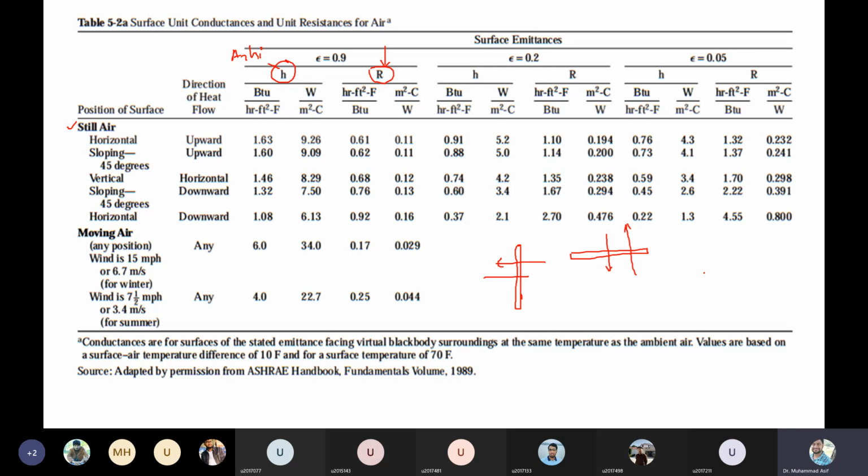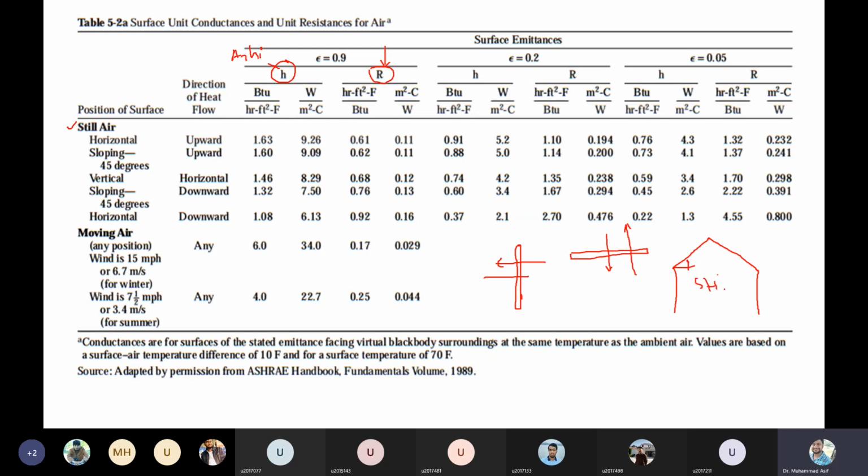Or sometimes you may come across a slope as well, because some roofs are constructed in this shape. In that case, the inside air will be calculated at a certain angle, let's say a 45-degree angle.